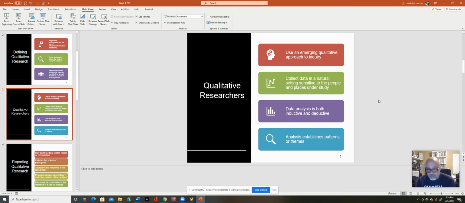Data analysis can be both inductive and deductive, and analysis establishes a pattern or theme. Now, when you're doing quantitative research, again, you're dealing with numbers, you're dealing with quantities of things, and you can grab data from different data sets in a quantitative world. Remember, quantitative, the quantity.